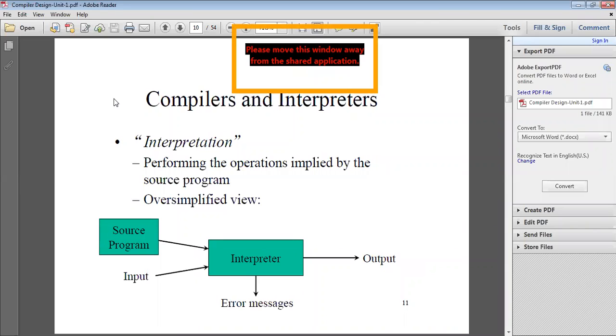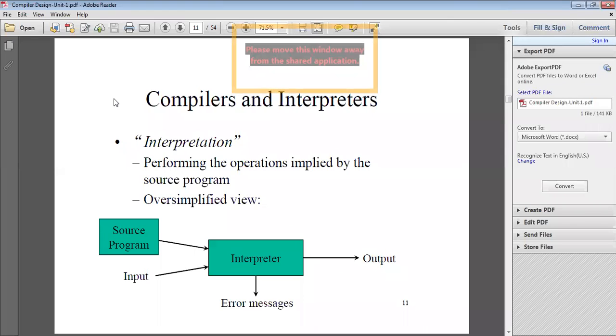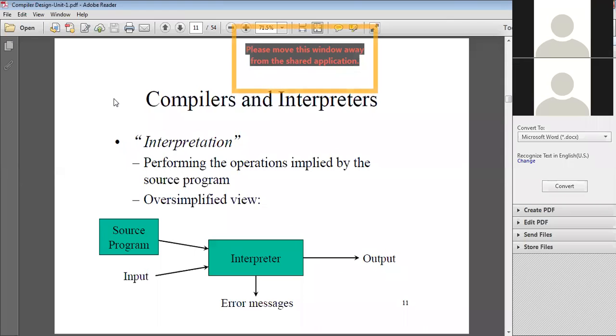Compilers and interpreters, again I am going to emphasize this. Interpretation means performing the operations implied by the source program. What are the different operations? We convert the high level language into the low level language, that is the machine language, and we also find the error messages.